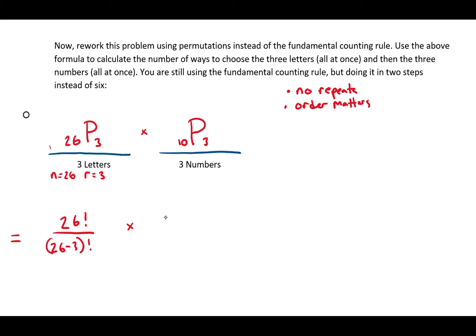So we would multiply by plugging the 10 and the 3 into that formula. So n permutation r, just recopy the formula down here, is n factorial divided by n minus r factorial. Okay, so that would be 10 factorial divided by 10 minus 3 factorial.